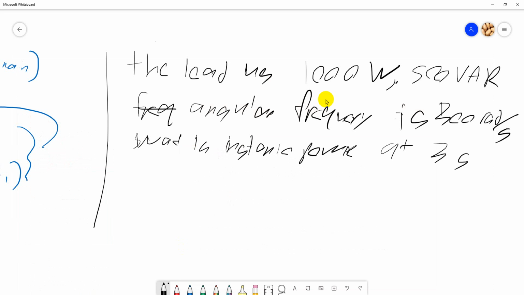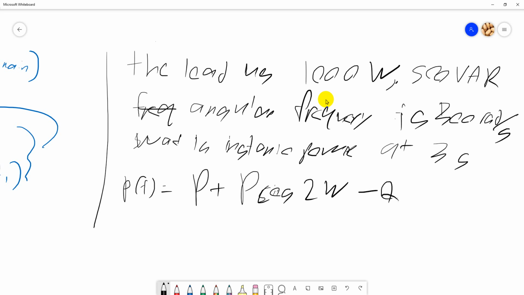You have to memorize the formula, which is p(t) equals P plus P cos 2wt minus Q sin 2wt. Don't forget t.